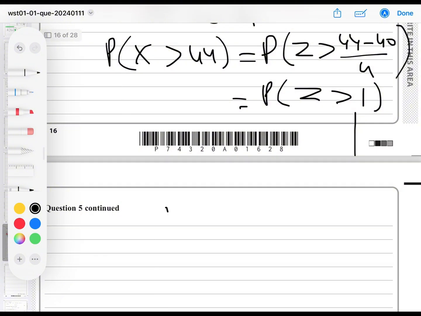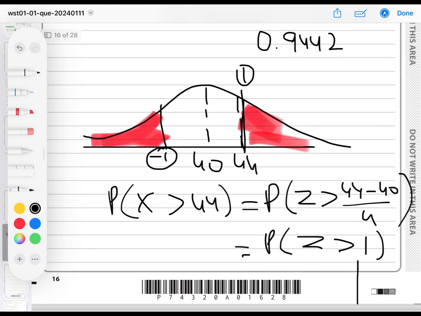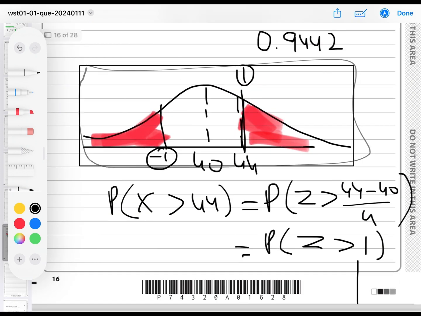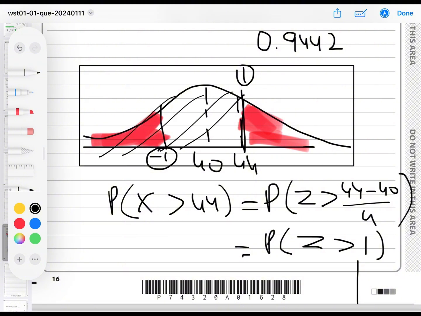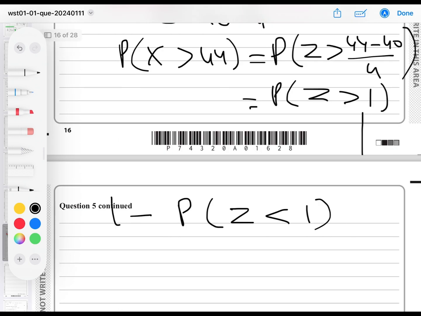So I can get this by z less than 1 and then subtract it from the total probability. The whole portion is 1, and if I get the less portion and subtract it from 1, then I will get this one.